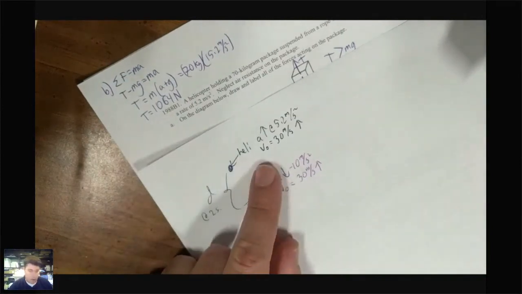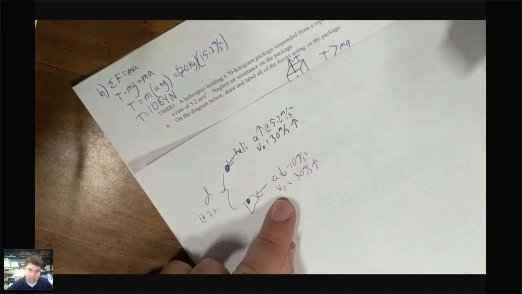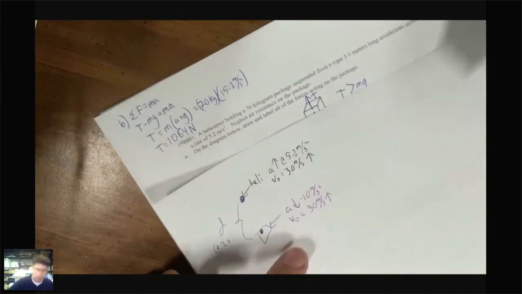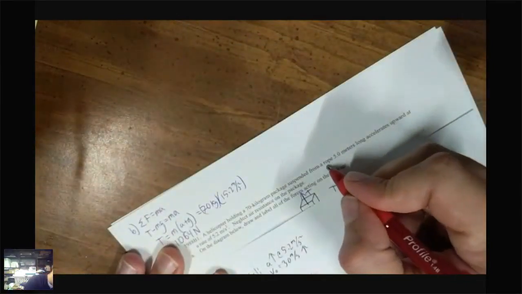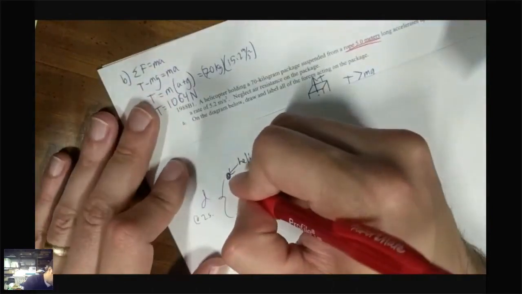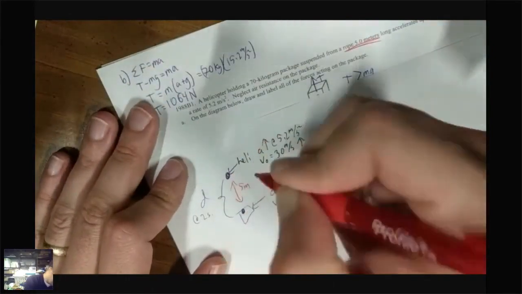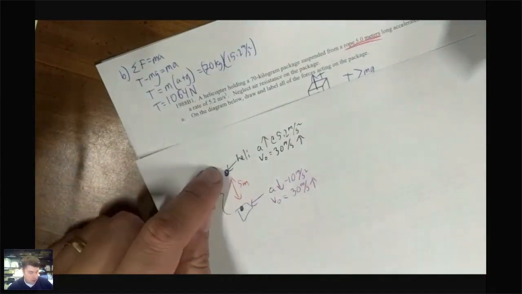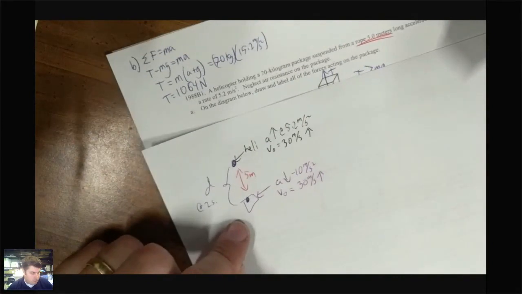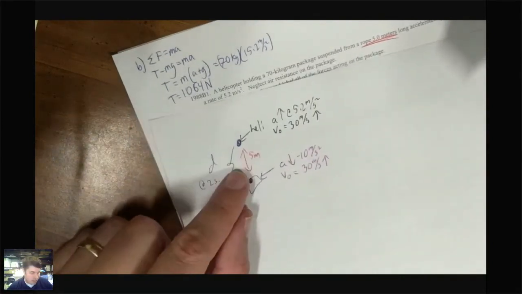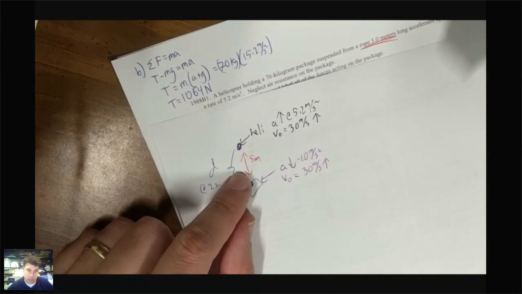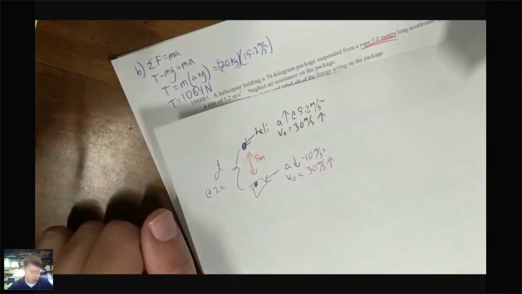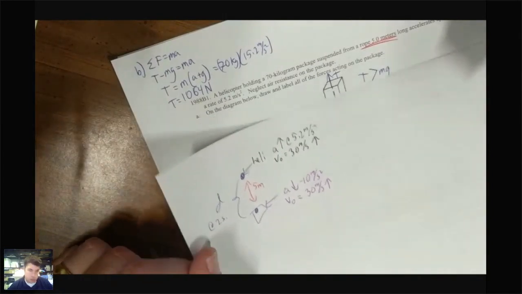So basically what we need to do is figure out how far up the helicopter rises, how far down our box falls, and then finally remember, and this is where this question is really sneaky, that we already started with a 5-meter rope between them. So we'll have to take the helicopter's distance, the package's distance, add them together, and then add 5 meters to it to get our total distance between the two.